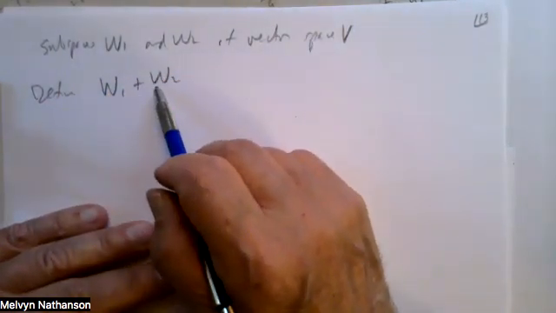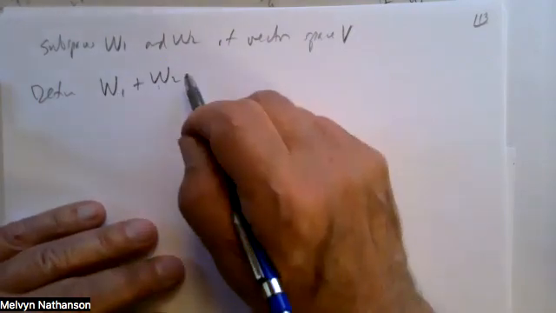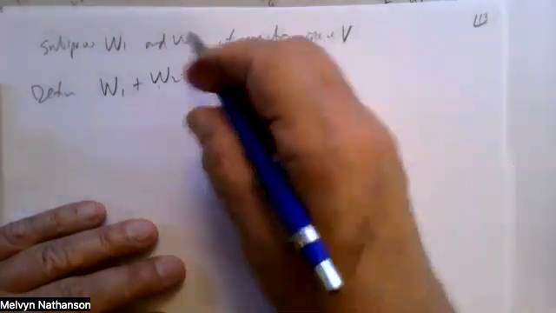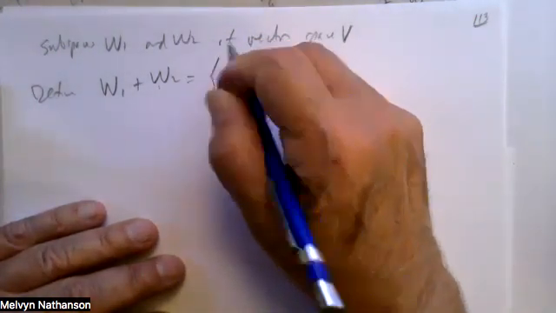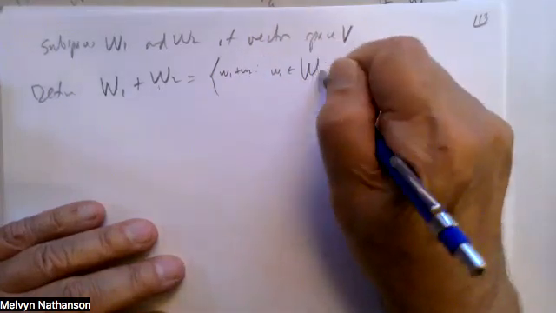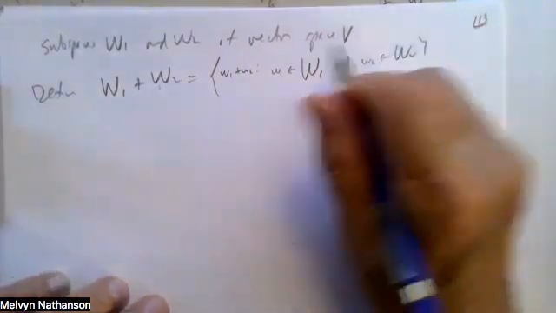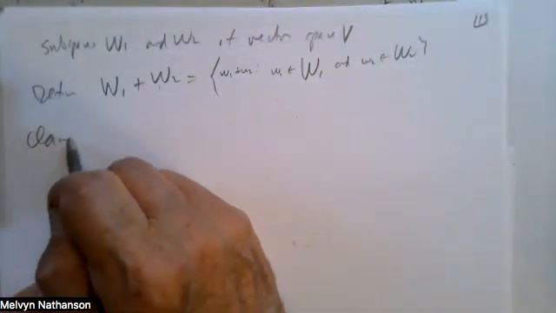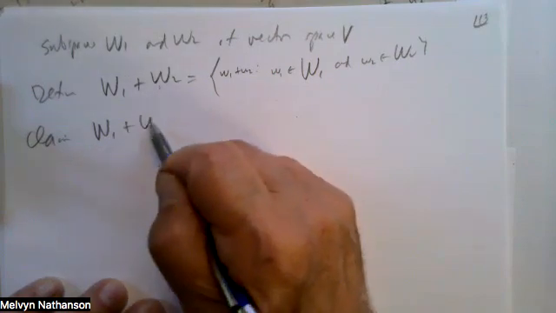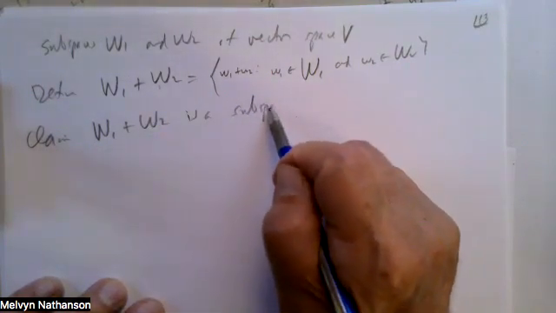So what does it mean to add two subspaces? Because these aren't vectors, these are sets of vectors. So this is the set consisting of all vectors little w1 plus little w2, where w1 is in the subspace W1 and w2 is in the subspace W2. And I claim that this sum is a subspace also.